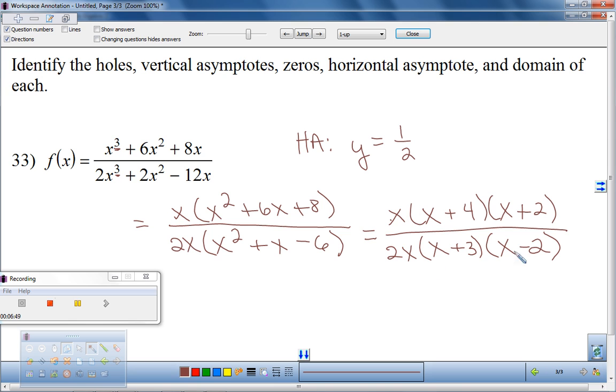Now that we have everything factored, we can go through. Remember that it's a hole if it cancels out on the bottom. So here, this will cancel out. What's going to make the denominator 0 is x equals negative 3 and x equals positive 2. So that would be our vertical asymptotes.